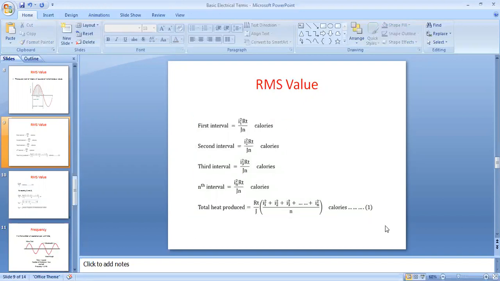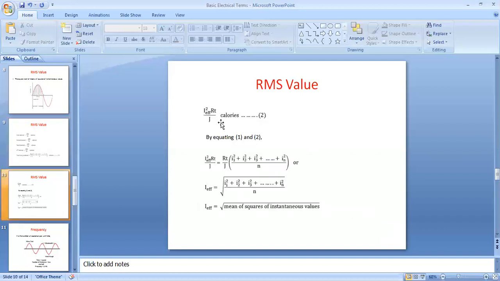Since the DC current or effective current is considered as the effective value of this current, then the total heat produced by this current is I effective square RT upon J, and the unit is calories.